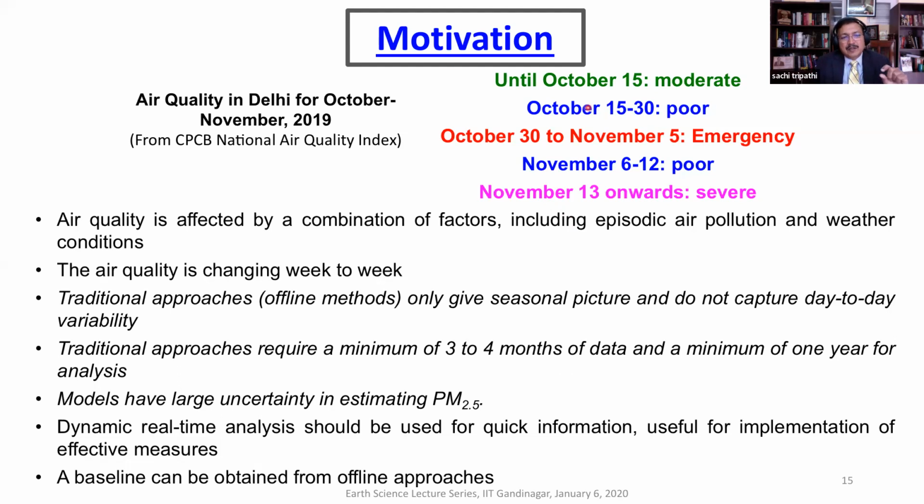Because these offline methods require a certain amount of data, and because of the limitations of sampling, you can only collect information at a time scale of a few months over a season, so that you have the minimum number of samples, a statistically good sample size, to run your receptor models. Basically, offline approaches can only give you seasonal information about source apportionment.